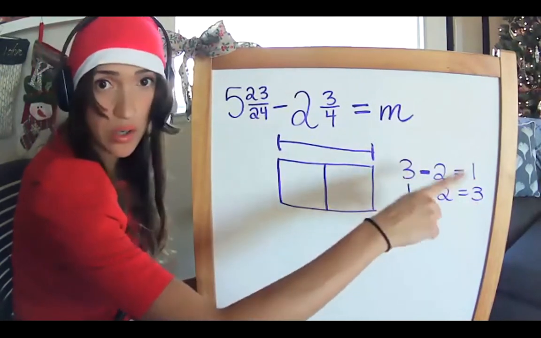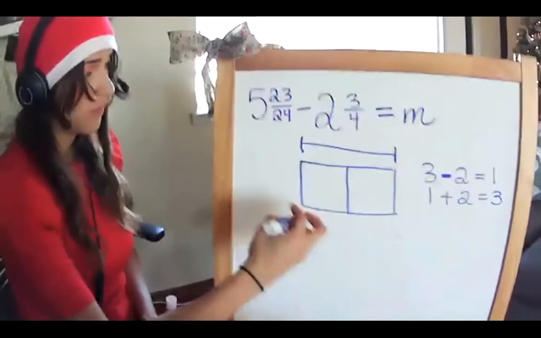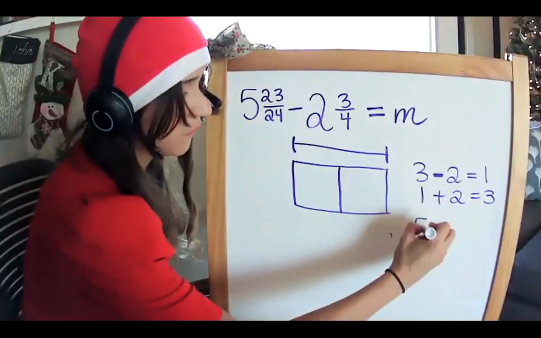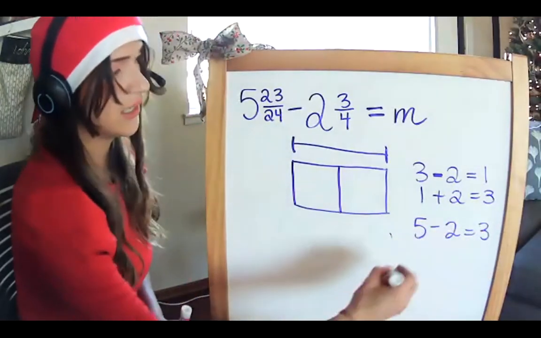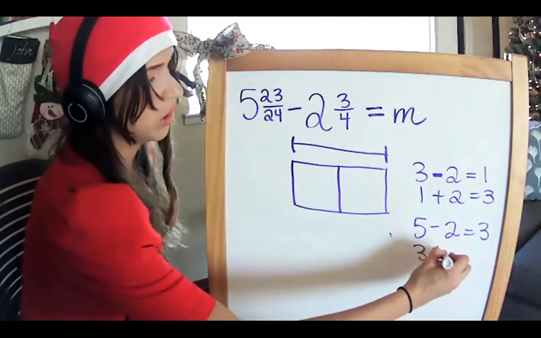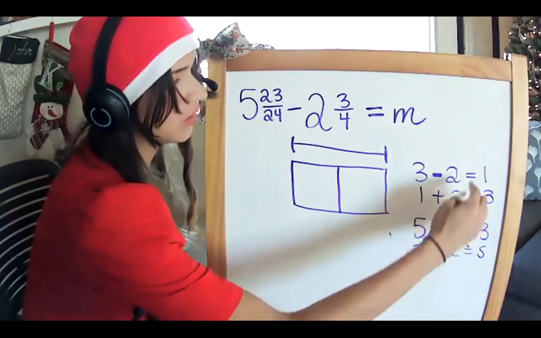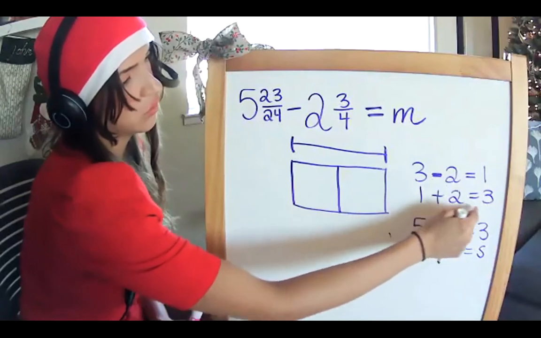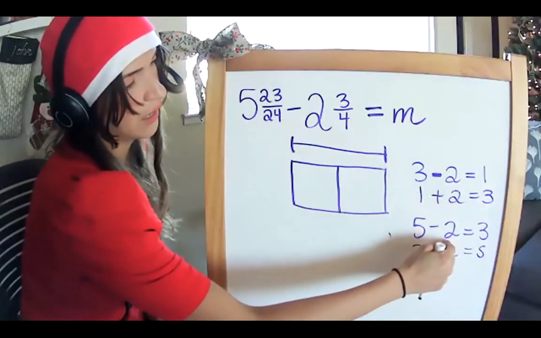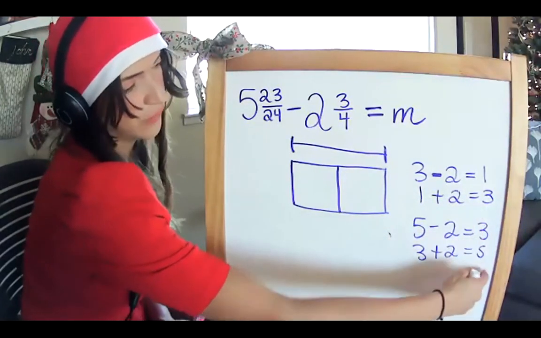It is an inverse operation. The same as if I had 5 minus 2 equals 3 is the same as 3 plus 2 equals 5. Notice I'm just going backwards. 3, 2, 1, 1, 2, 3. 5, 2, 3, 3, 2, 5.